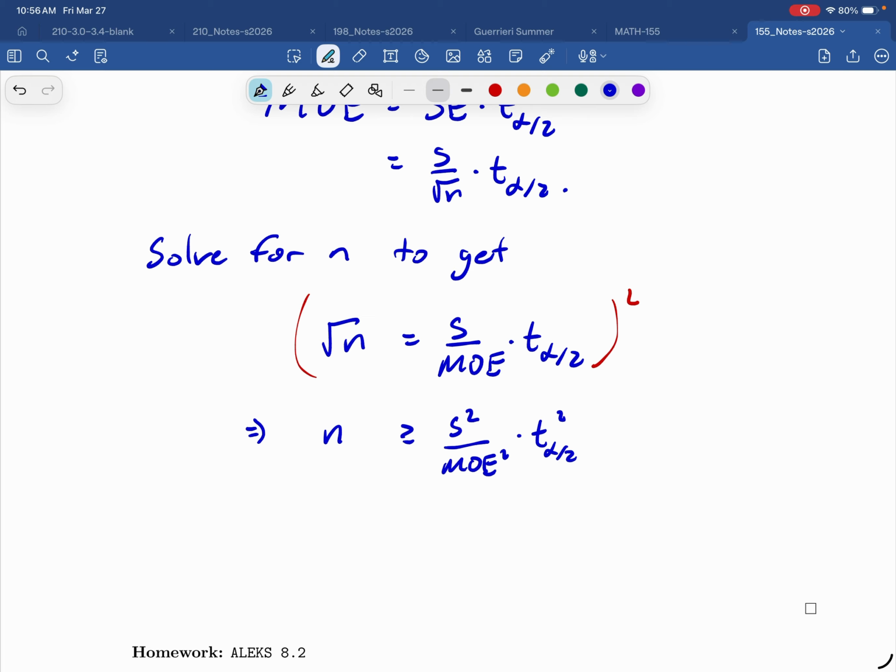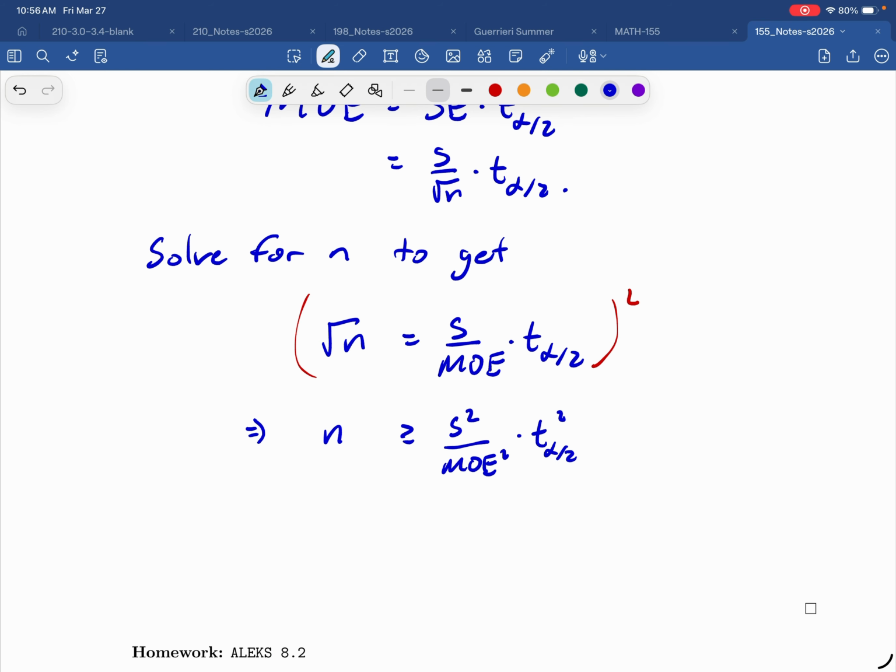But the problem with that is that, first of all, t depends on n. And also, s, our sample standard deviation, is not equal to sigma.